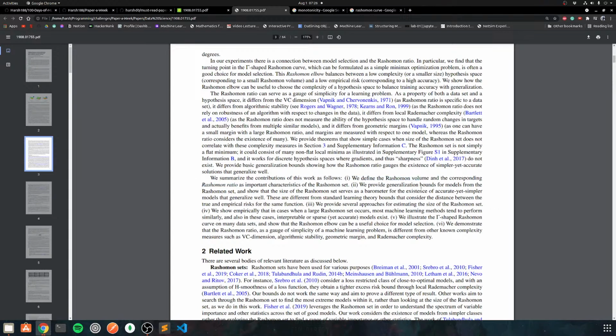And then we're going to set up what the Rashomon set is, and I guess just understand a little more about what the Rashomon sets are. Because essentially it's going to come to creating this gamma-shaped Rashomon curve, which apparently is similar for a bunch of the data sets.